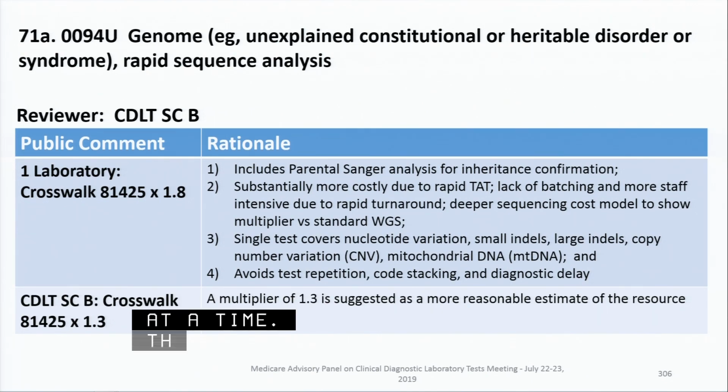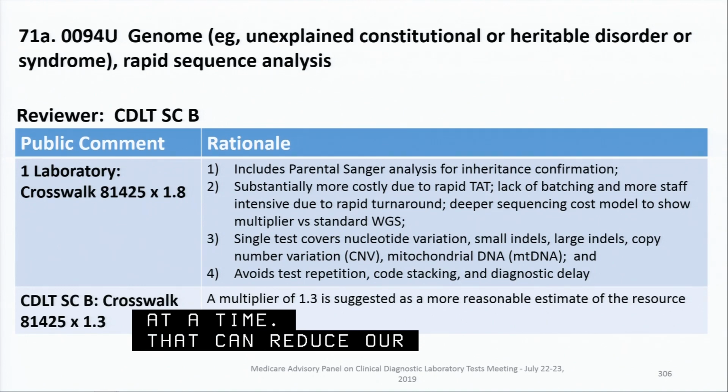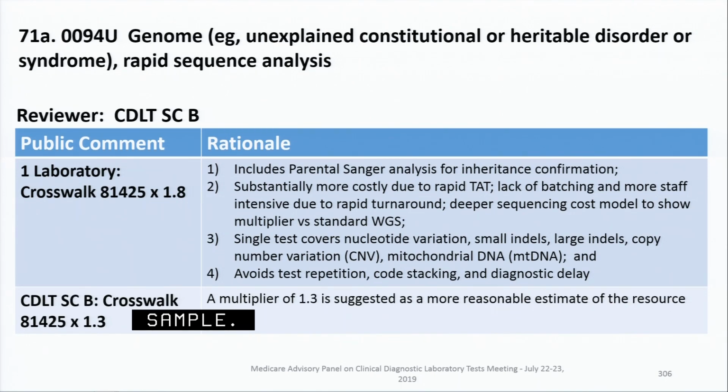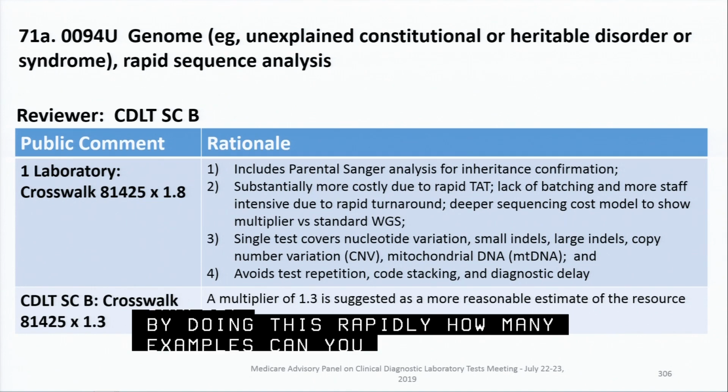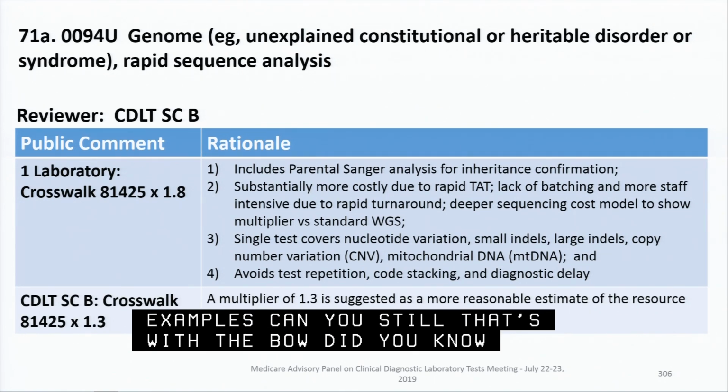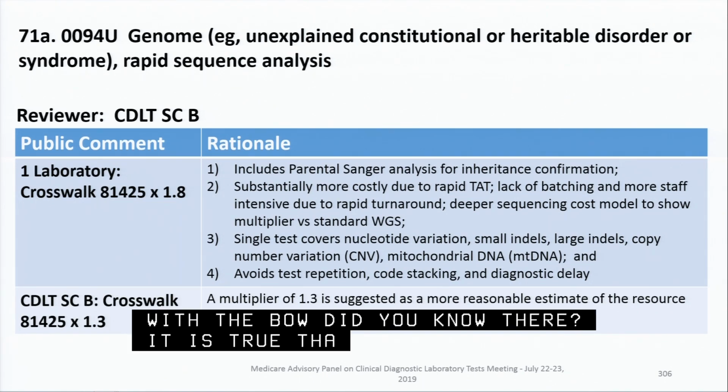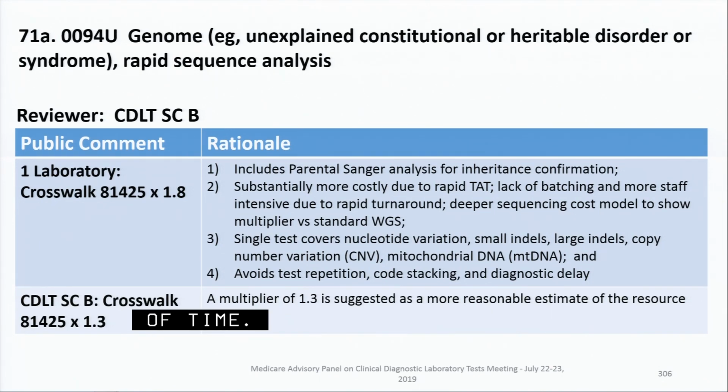By doing this rapidly, my question is, how many samples can you still batch with a rapid genome, or is it truly a one-at-a-time analysis? Two things. It's truly a one-at-a-time analysis, so this is done generally without batching, and efficient next-generation sequencing that provides lower costs would involve a lot of batching.